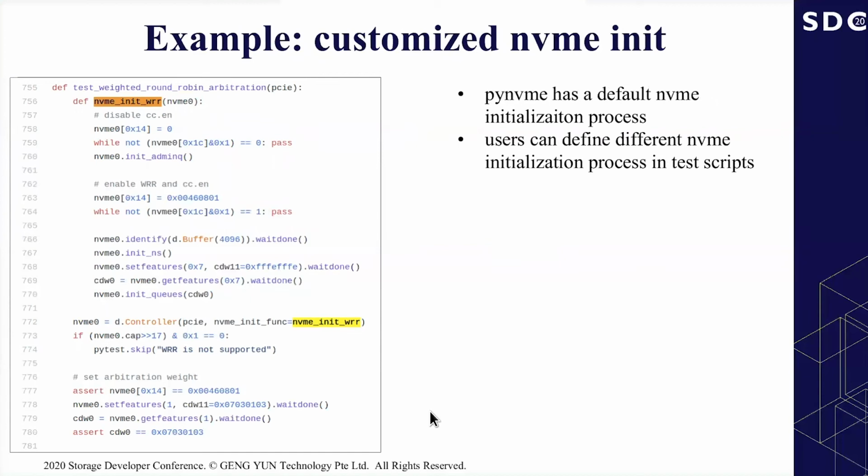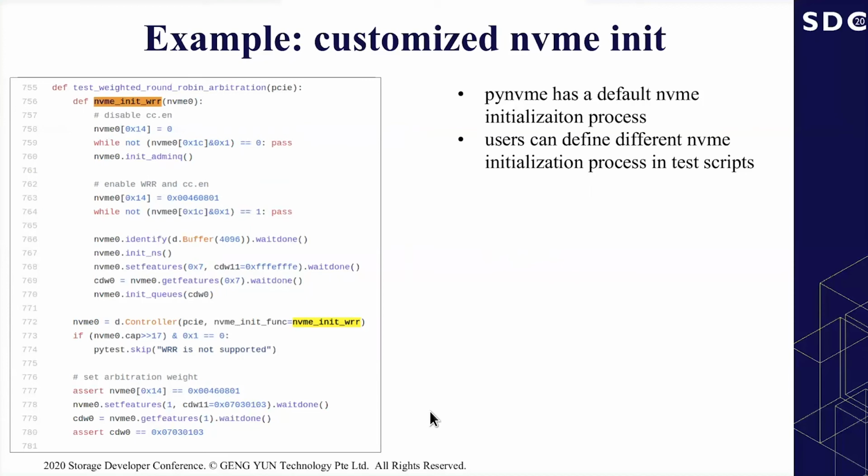Till now, our scripts test the SSD after initialization. Pynvme performs a predefined default NVMe initialization process. However, sometimes we need a different init process. Users can define it in scripts.